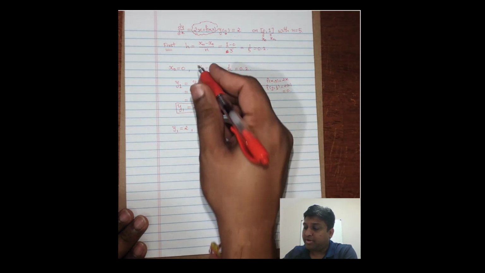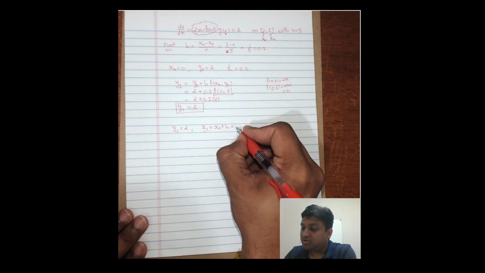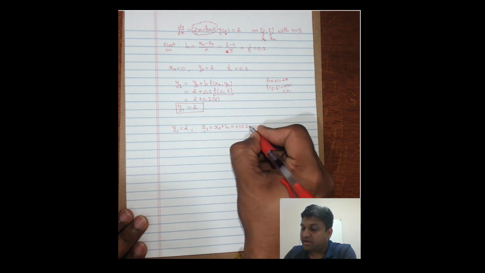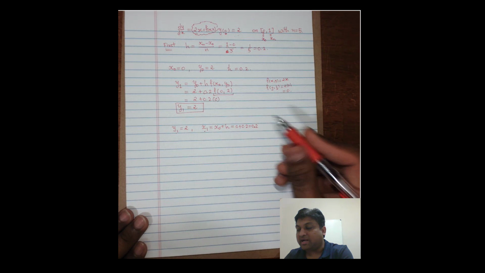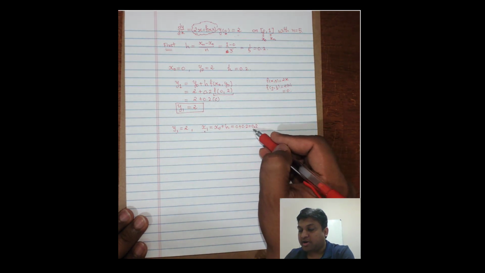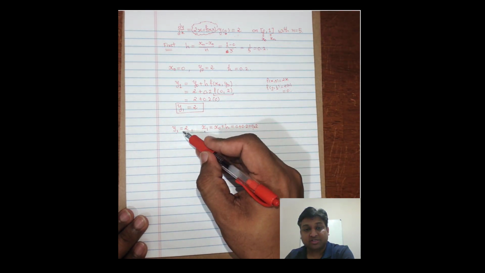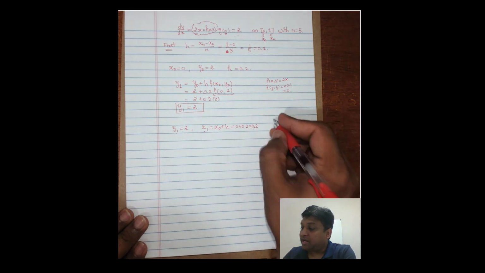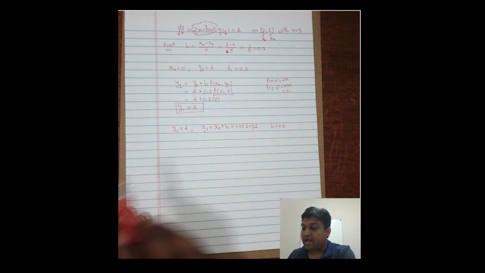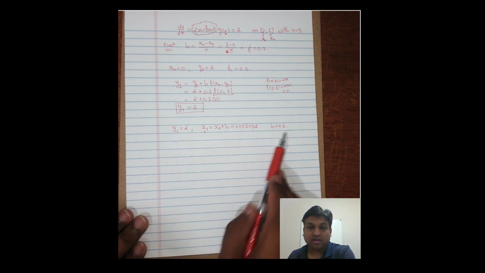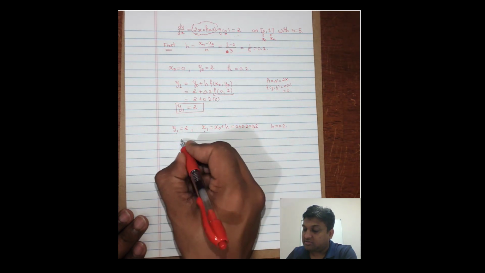Previous x value was 0. I'm adding the h value to it, and I get 0.2. So my updated x value is 0.2 now, updated y value is 2. And h stays the same. I have all these three things available. I am ready to calculate the second solution.